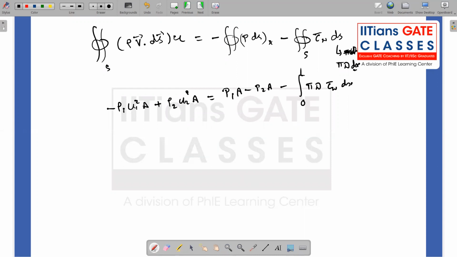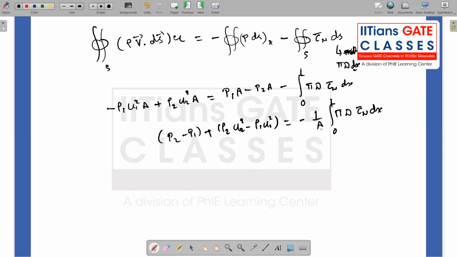So now my integral equation becomes a bit simpler, and all I can do is write it in terms of P2 minus P1, just shifting everything to the left hand side, times A. I'm taking A constant from all the terms, plus rho 2 u2 square minus rho 1 u1 square times A. Shifting that to the other side: minus 1 divided by A times the integral from 0 to L over the length of pi d tau w dx.